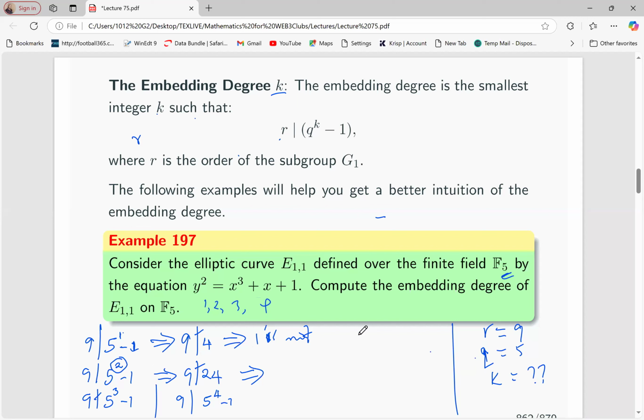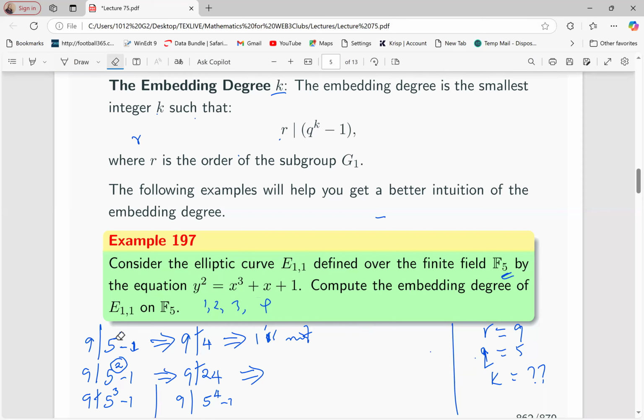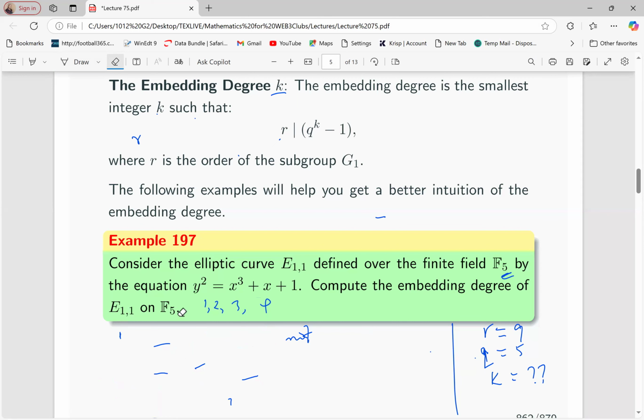It's not 9 raised to 4, it's 5 raised to 4. Okay, let me again try it.